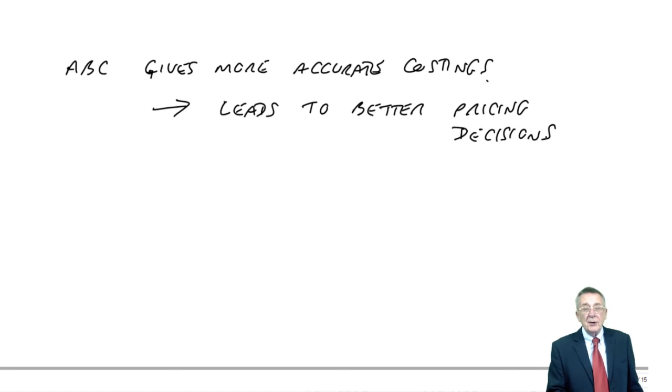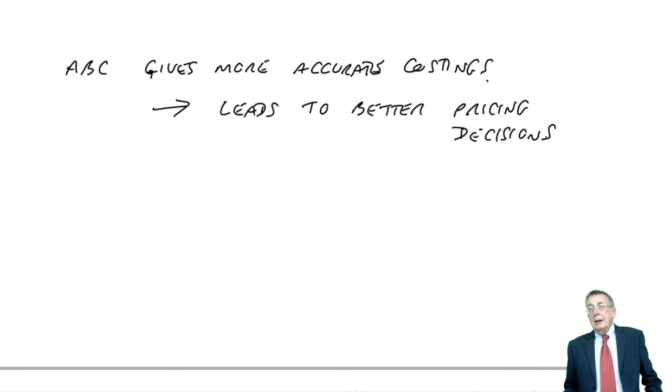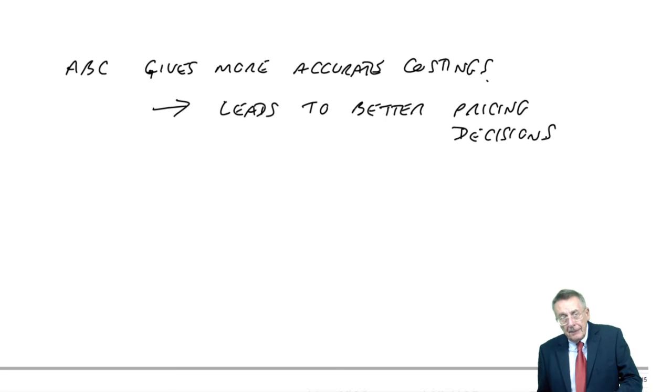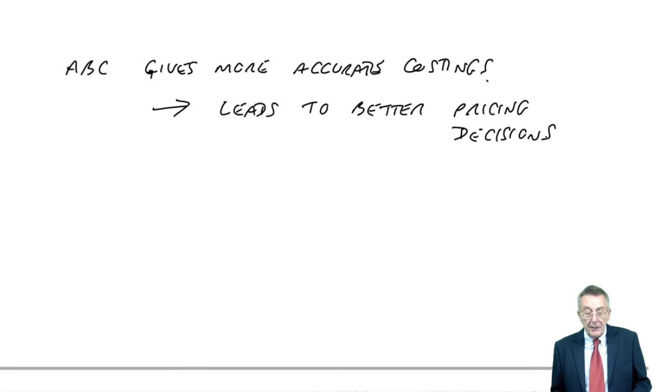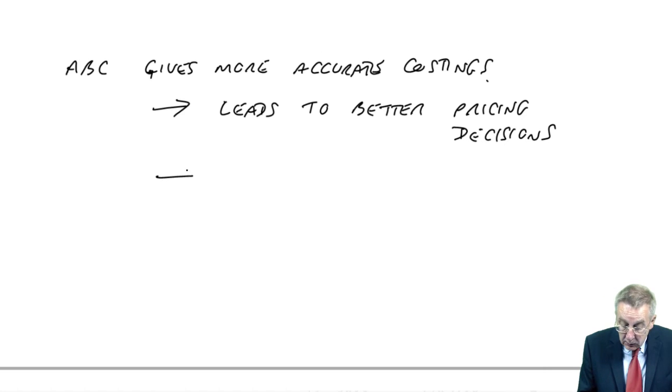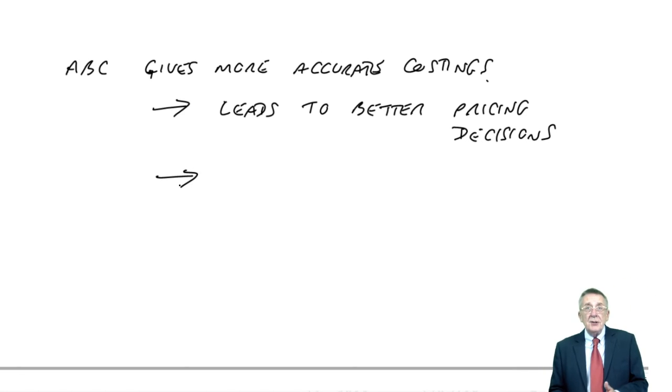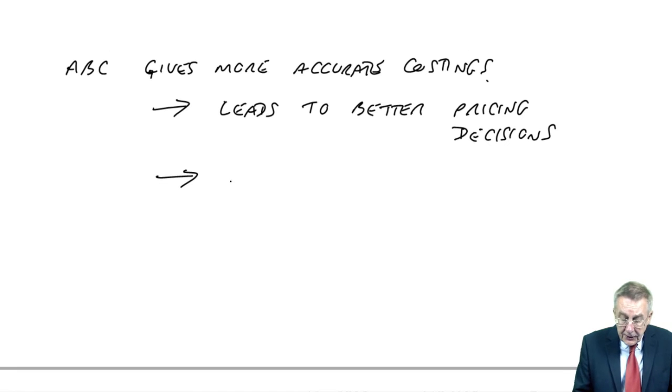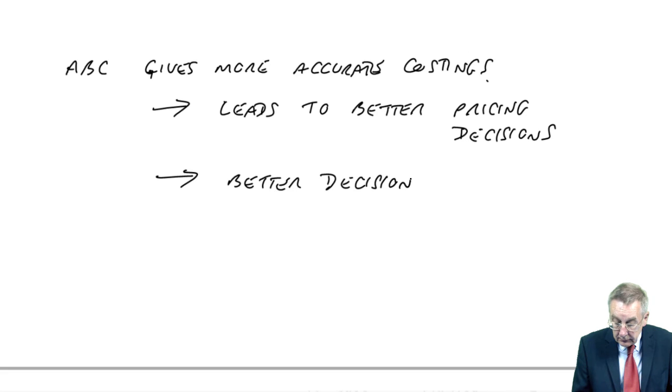Very obviously, the more accurate the cost is, the more you can set a selling price to be confident of making a profit. And also other decisions as well. It leads to better decision making based on profitability.